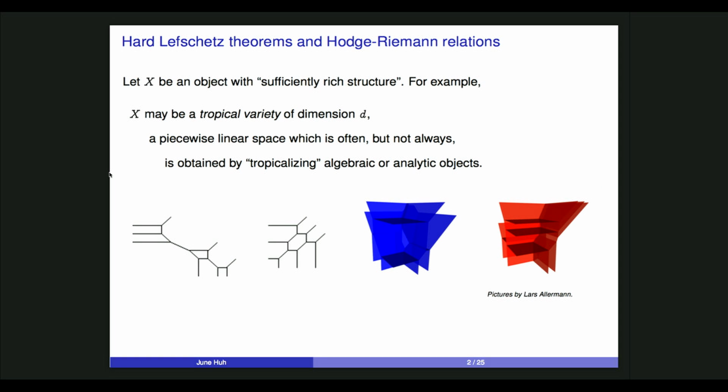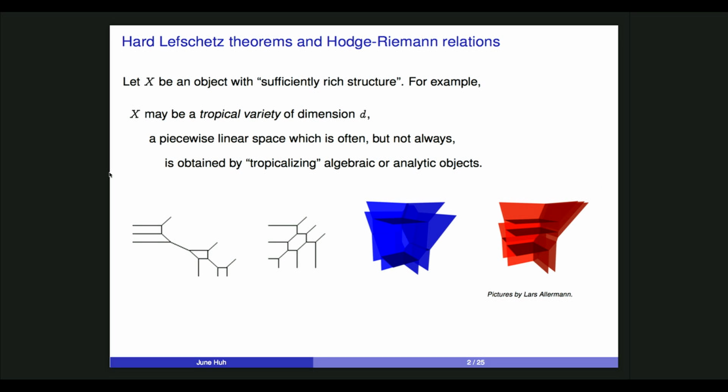Or you may be like me, and you like tropical geometry, whatever that is. So your X may be a tropical variety of dimension D. That is a piecewise linear space, which is often, but not always, obtained by tropicalizing algebraic or analytic objects X that you have seen on previous slides.